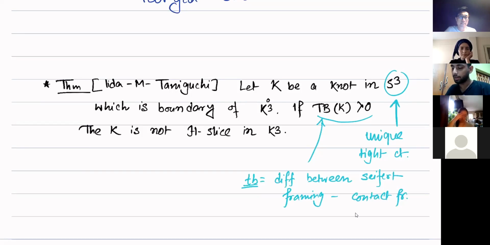Before defining the meaning of H slice, which is the main topic of discussion of today's talk, let me say a few words.